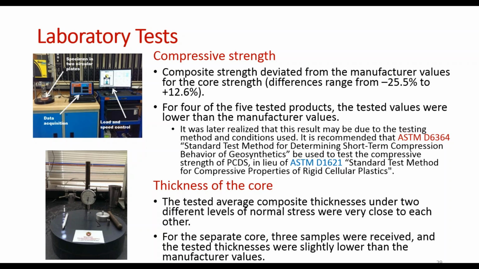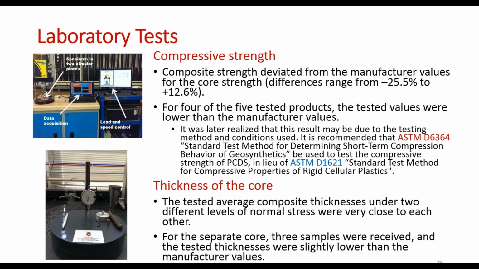Because this standard specifies that the height or thickness of the sample should be 1 inch, and the loading rate should be 0.1 inch per minute. But the majority of drainage composites are less than 1 inch thick, so in order to achieve that, we need to stack more than 1 layer to come up with 1 inch. But that will affect the results, right?